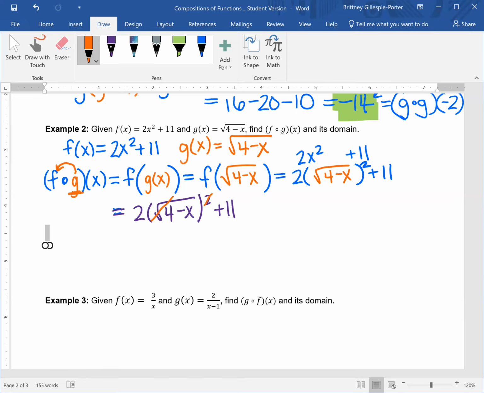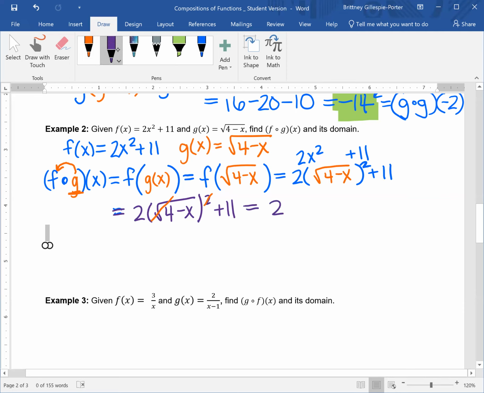Okay. Which means that we are working now with 2 times parentheses, 4 minus x, close parentheses. The square and the square root are gone because they canceled each other out, plus 11 still along for the ride.